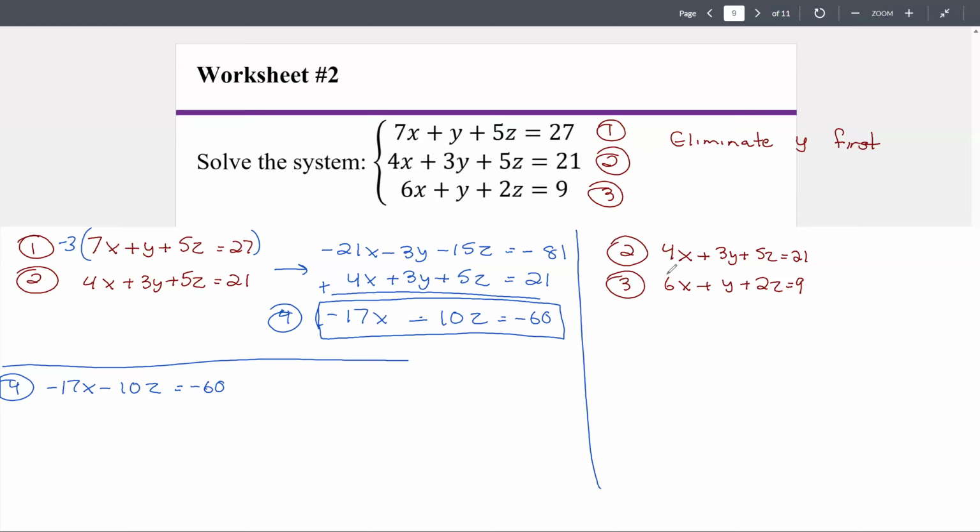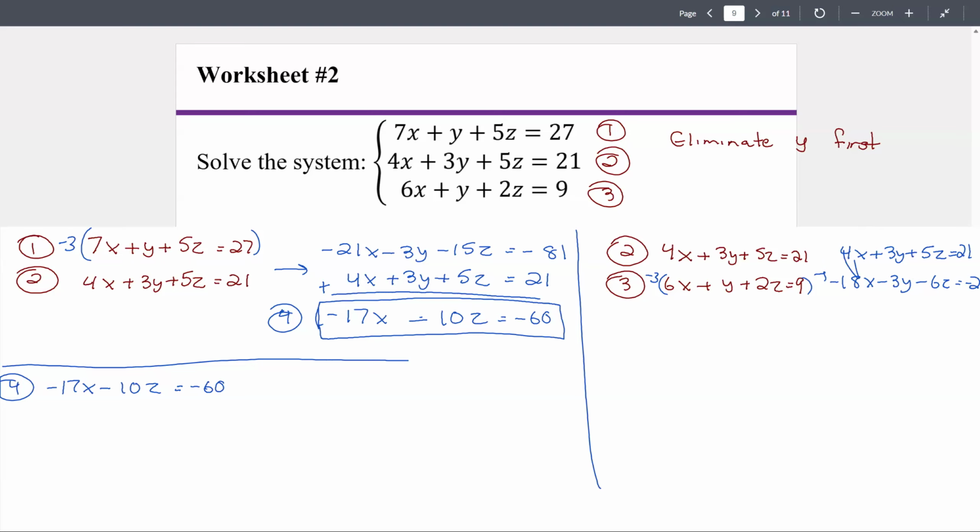So I'm going to just multiply this one by a negative 3, so I'll have a plus 3 and a negative 3. So that's going to leave me with 4x plus 3y plus 5z equals 21, and then negative 18x minus 3y minus 6z equals negative 27.